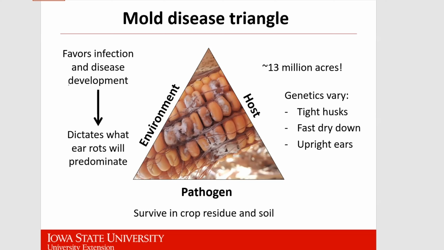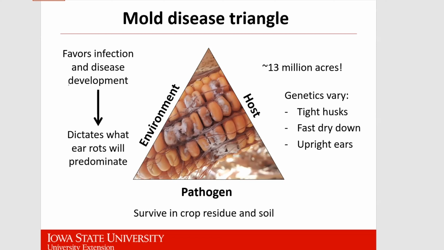But yeah, this side, that's the environment, is really important, and it's kind of the pivotal thing that affects how much ear rot or any other disease for that matter we're going to be seeing in a particular year. And with it being as dry as it's been in the last 2 to 3 years, depending on the part of the state or the part of the country you're in, or the part of the world, right?